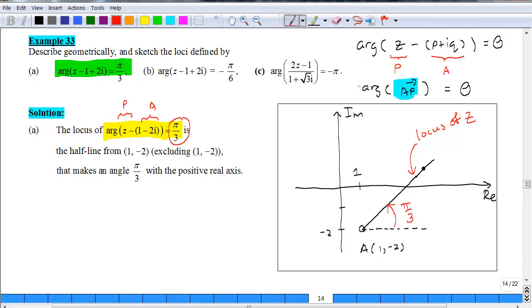If you look at the way we define it in terms of a vector, we are saying that the argument of the vector AP is pi over 3, and you know that A is here and P is any point on this line. So AP forms an angle of pi over 3.